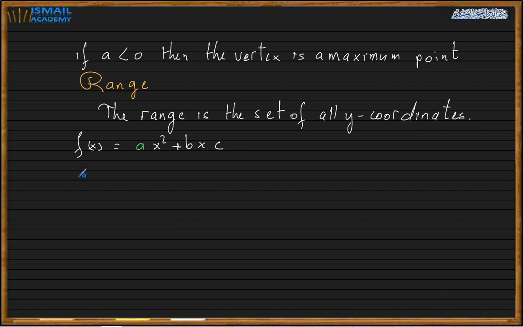First type, if a is positive, then the range would be equal to minus the discriminant over 4a, infinite.